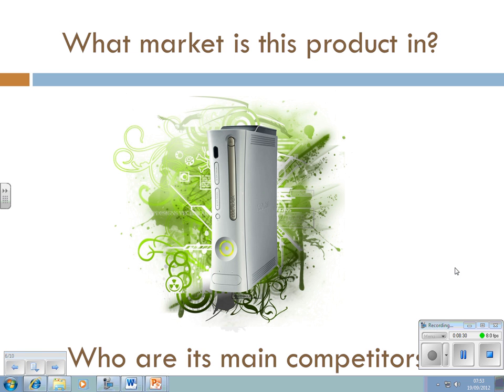Nintendo Wii. But is Nintendo Wii in the same market? Yes, they're both games consoles. One's wireless, one's wired. Would you say the Nintendo DS is in the same market as this? Would you say that PCs are the same market as this? What I'm getting at is it's not necessarily in the most obvious market.